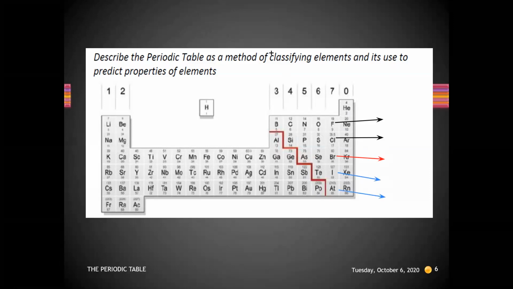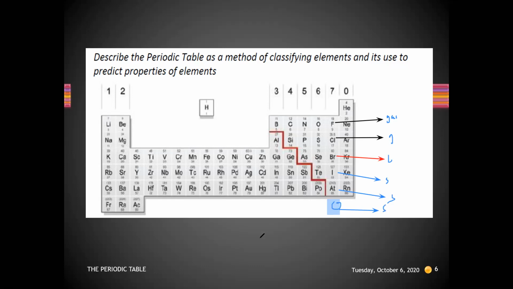So if there is any man-made or artificial element discovered, what will be its state? As we go down, the density increases. So gas, liquid, solid. So the unknown element will also be a solid.